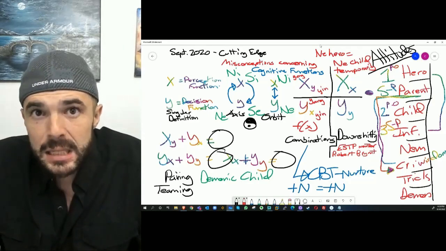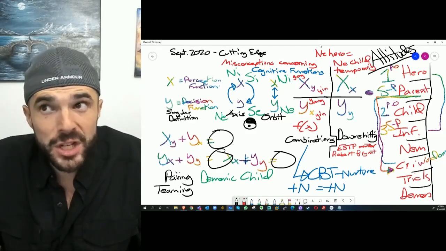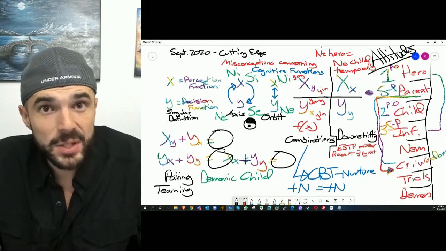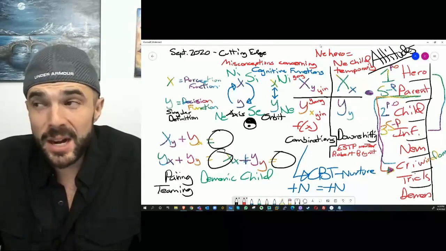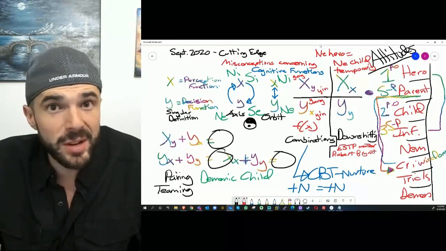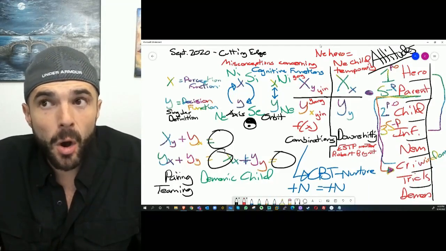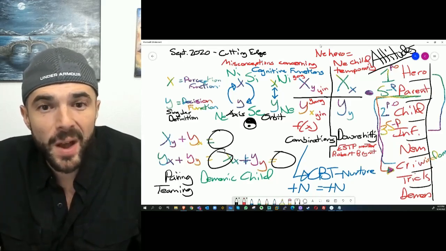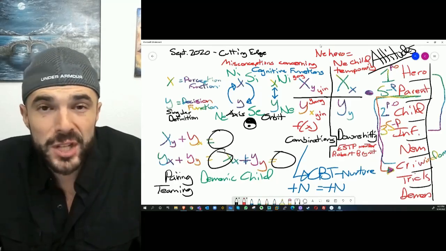That function is either interacting directly with the axis, what's on its axis. It's interacting directly with what's on its orbit. It's interacting with a combination, such as when your hero and your parent function combine together. It's always combining with something. It has to be used in combination 100% of the time with other functions.